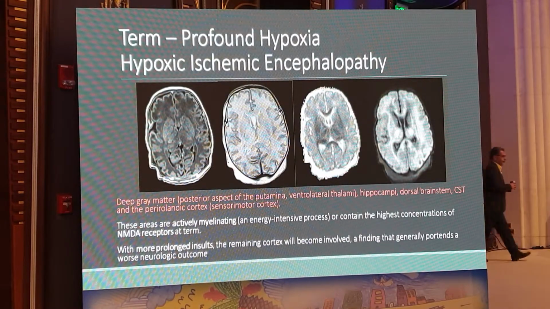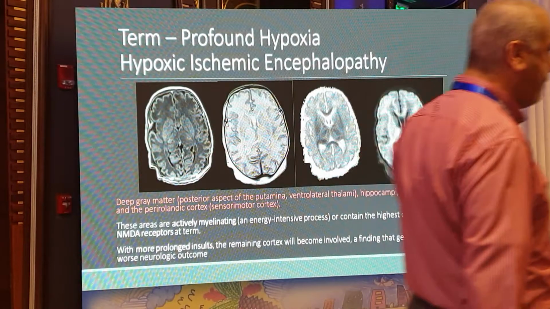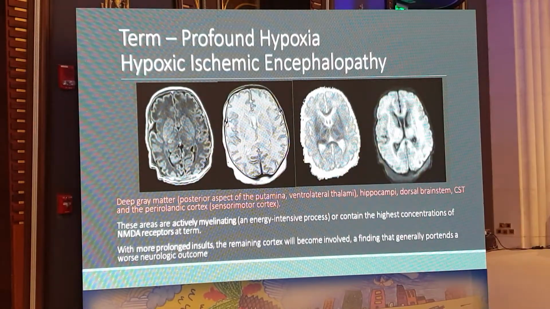That's another patient. This patient had a profound hypoxia event, and the areas affected by profound ischemia will be mostly the basal ganglia, especially the posterior aspect of the putamina, ventrolateral thalami, hippocampi, dorsal brainstem, corticospinal tracts, and perirolandic cortex, which is the sensorimotor cortex.